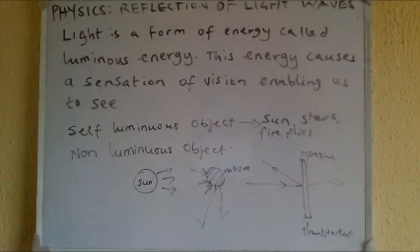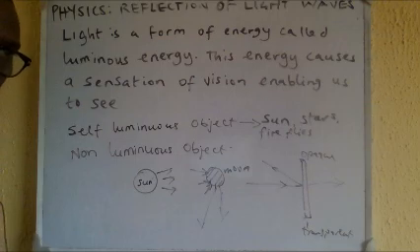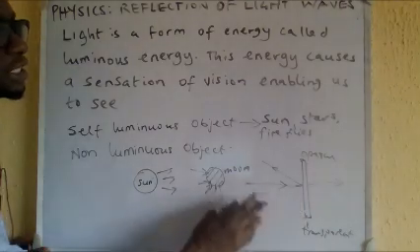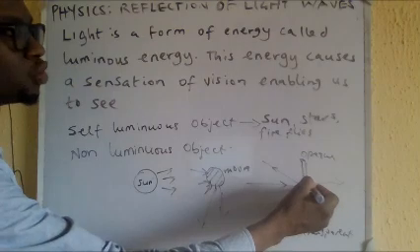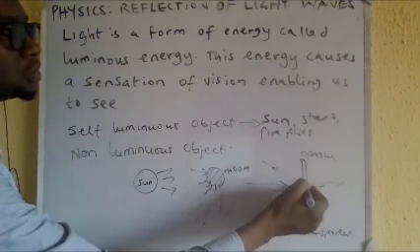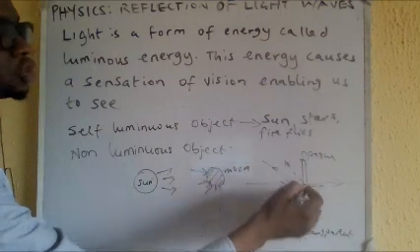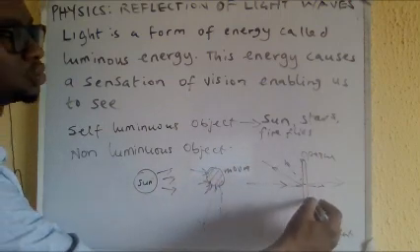The one that allows some amount of light to pass through and limits the other means the intensity of light will drop. Let's say, for instance, the light ray hits this object. Some parts will pass through and some parts will go out as reflection. This is a translucent object.